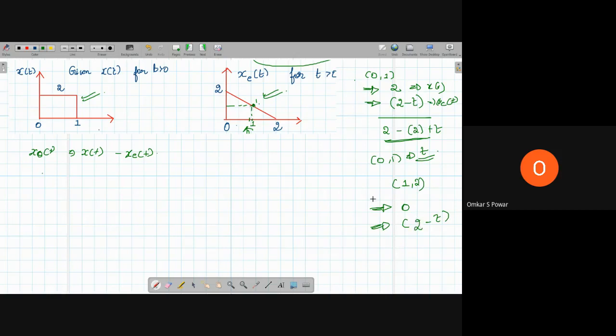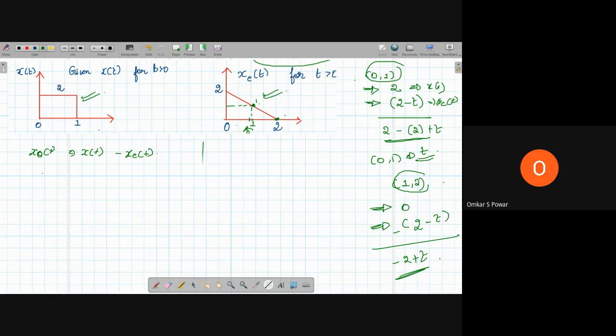So 2 minus t will satisfy, because 2 minus 1 equals 1, and 2 minus 2 equals 0. So this minus this means minus 2 plus t. Now we have the idea what should be plotted from 0 to 1 and from 1 to 2. So let us plot the odd component.